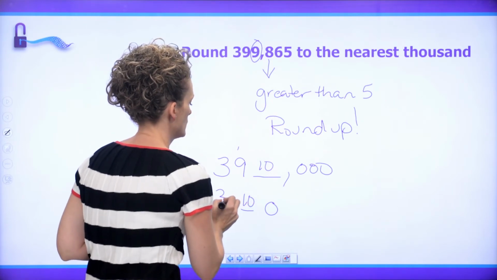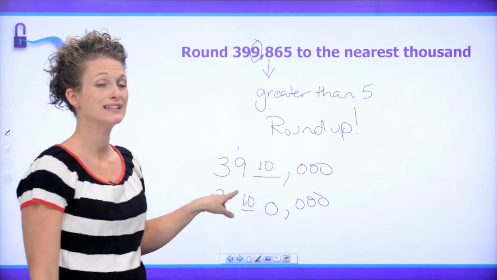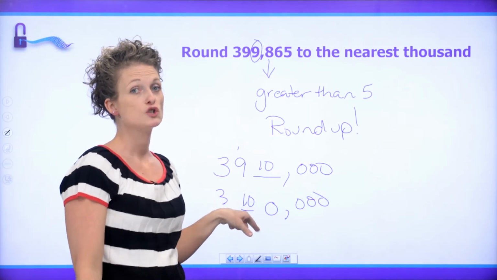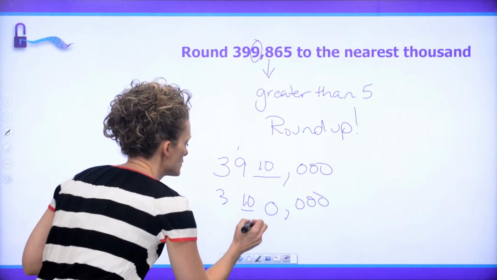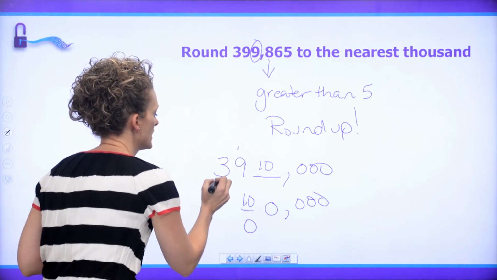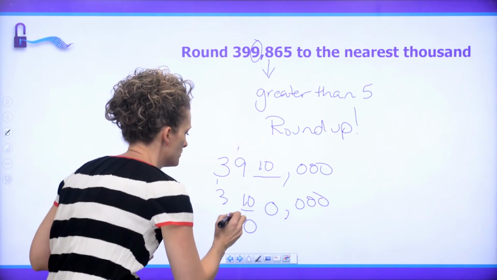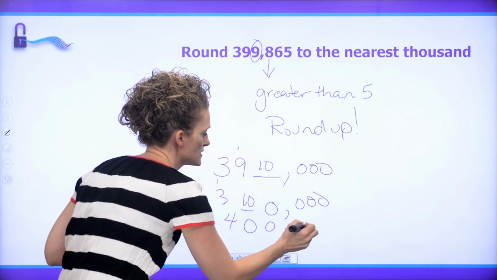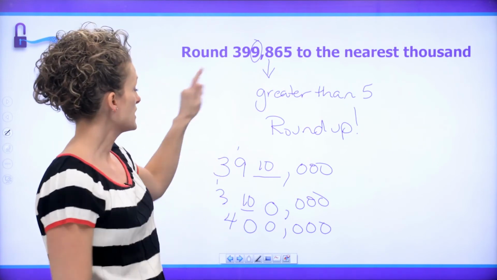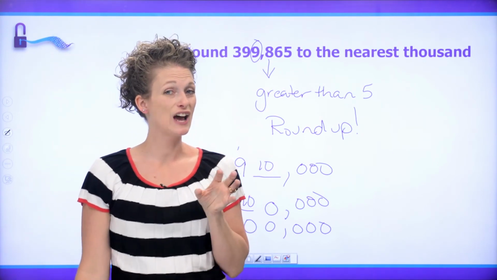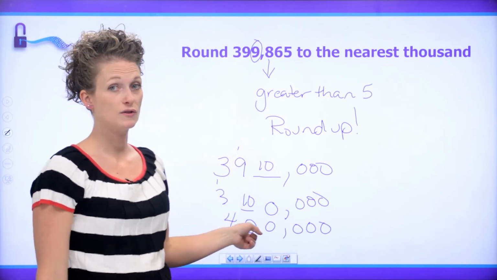Again, we have a problem. Can't have two digits in a single digit spot. So we're going to have to carry one more time. So we're going to write a 0 in that spot, and we're going to carry the 1. So 3 plus 1 is 4, and we keep these zeros. 400,000. So 399,865, when we round it up, becomes 400,000.